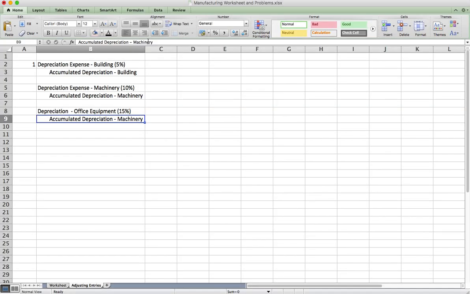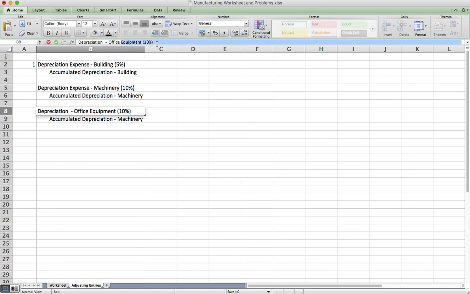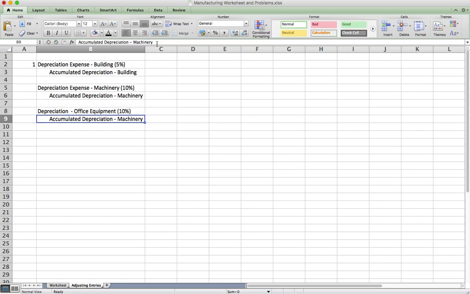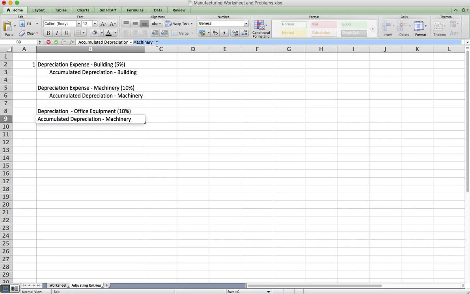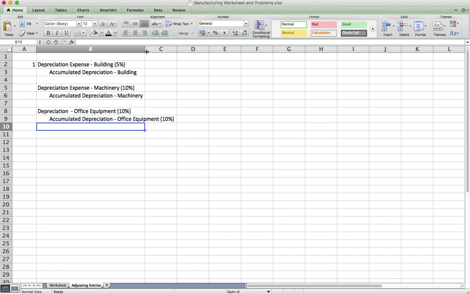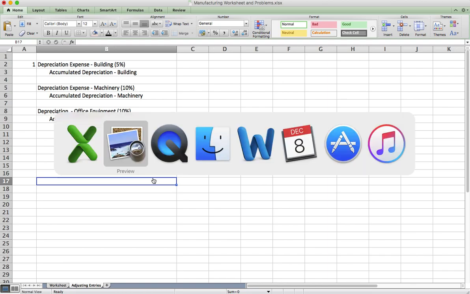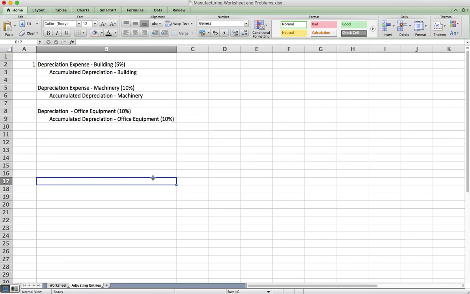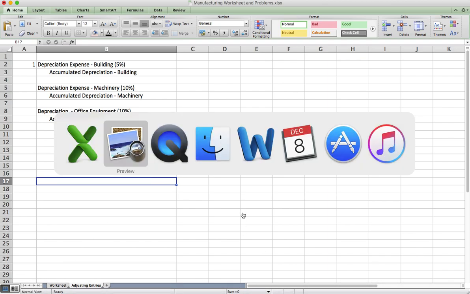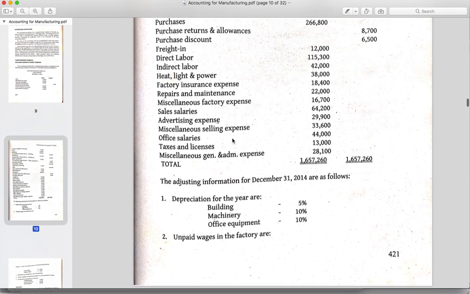At 10% lang pala. And then, yan. So, ito na yung entries ko. Pero wala pang amount. Now, let's go back to the cost. Magkano bang cost nila?